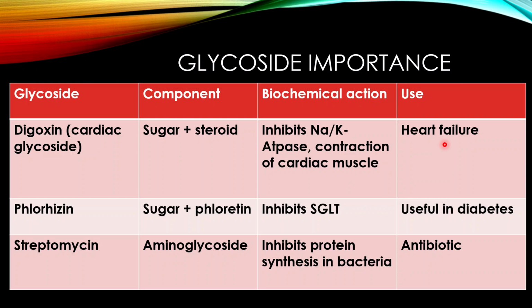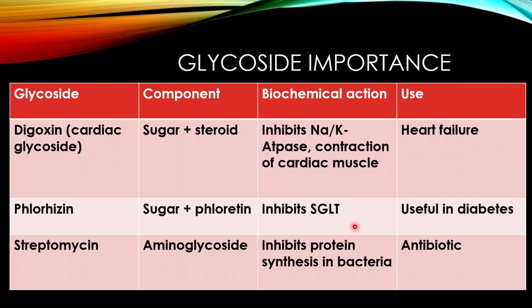The next glycoside of interest is phlorizin. So phlorizin is basically a glycoside which contains sugar and an aglycone which is called phloretin. This phloretin inhibits the sodium glucose linked transporters.